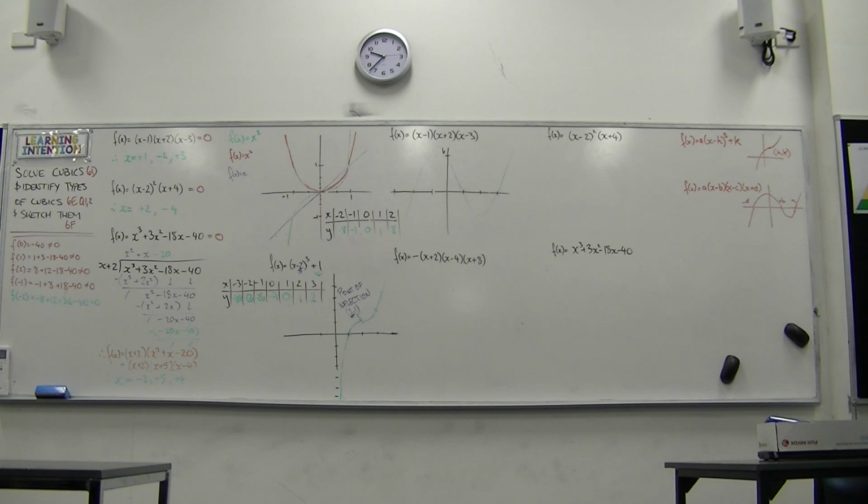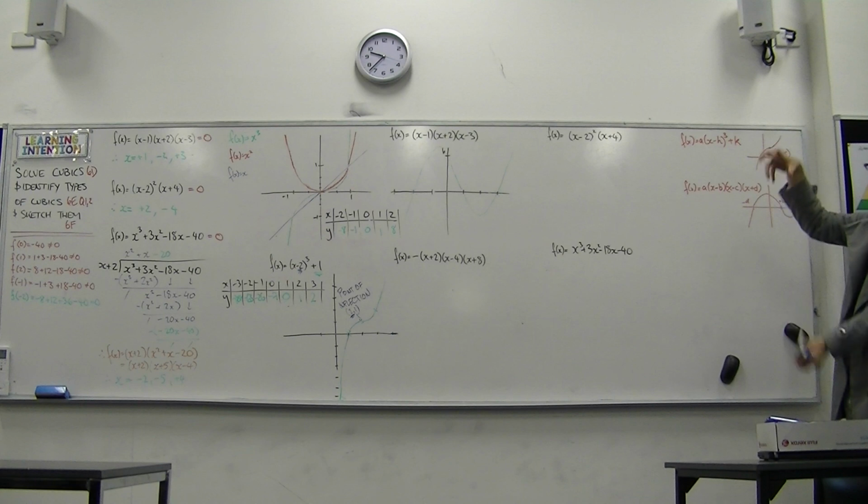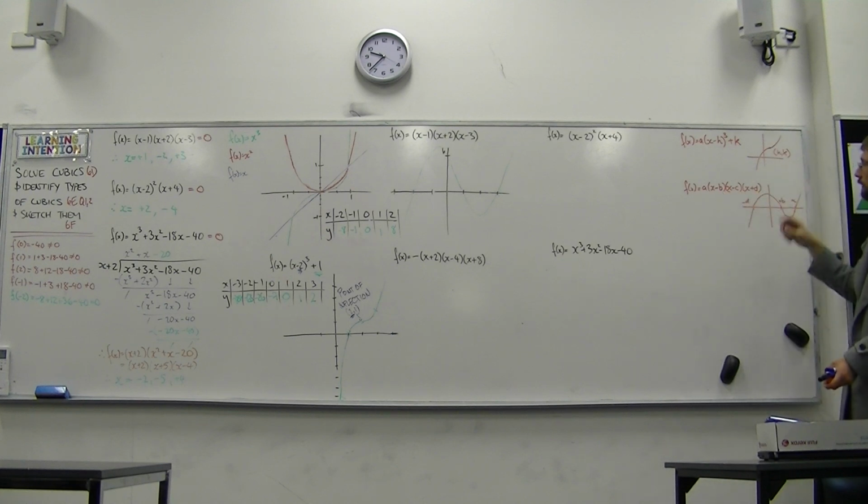There we go. So that's our general form for that. Again, that A, all it does is stretch it, but it doesn't change where the intercepts for this one are.